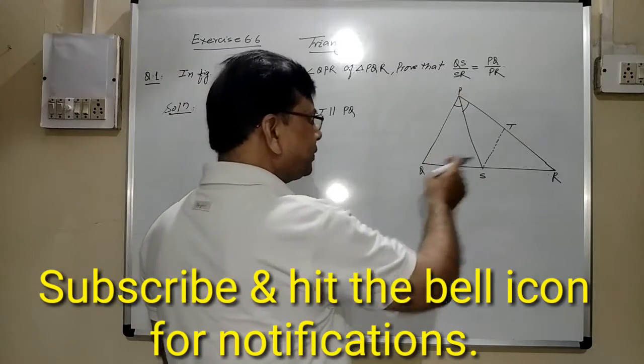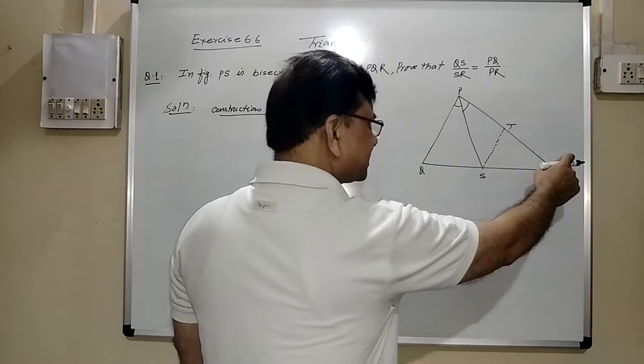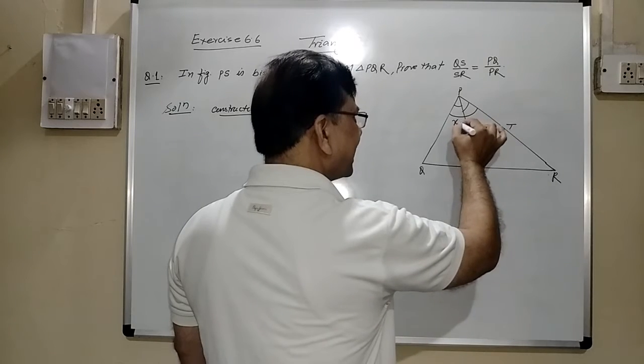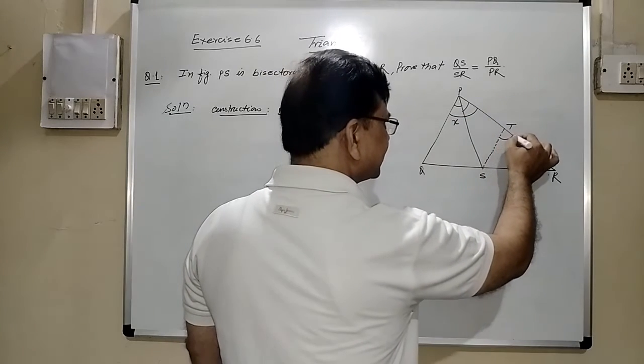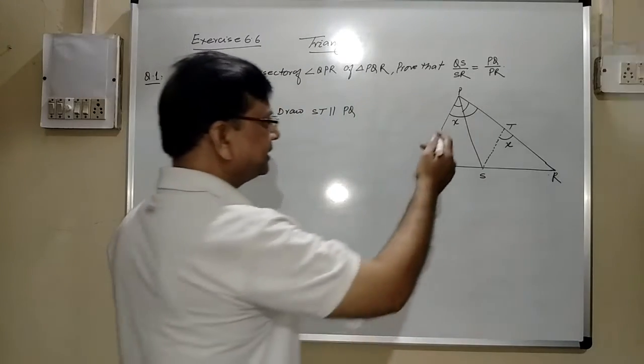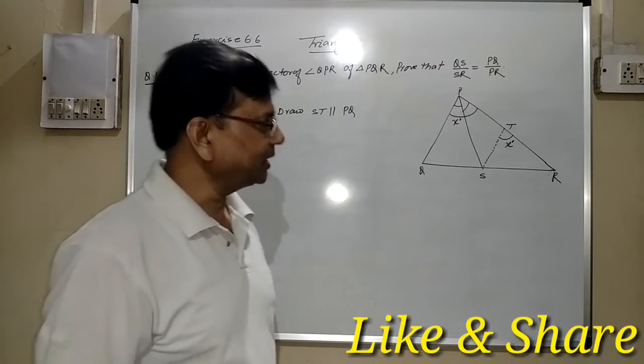Now PQ is parallel to ST and this is the transversal, then the corresponding angle, suppose it is X, will be equal to this. So in degrees, we will write X degree, the measure of the angle.